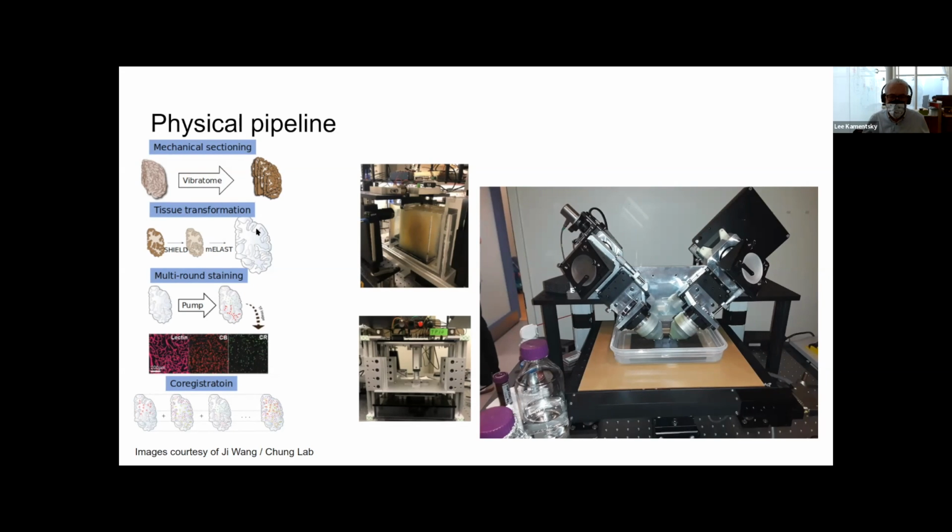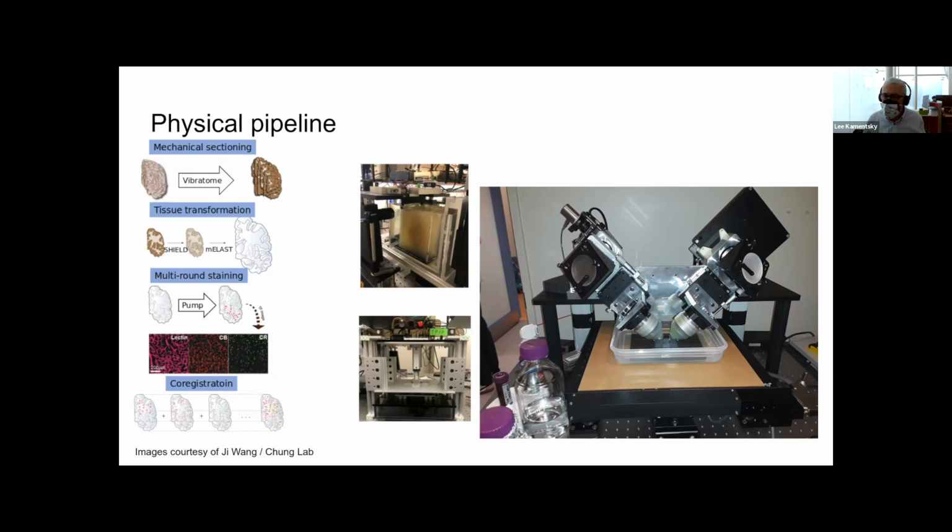Then the tissue is transformed using processes to clear it and to convert it into an elastic polymer, binding the proteins to the polymer. And then it gets run on our hand-built light sheet microscope.